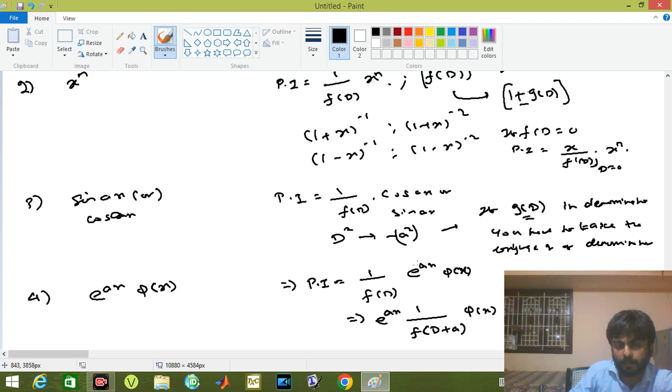If you are having e power minus ax into phi of x, you will have PI equal to e power minus ax, 1 by f of D minus a, into phi of x.